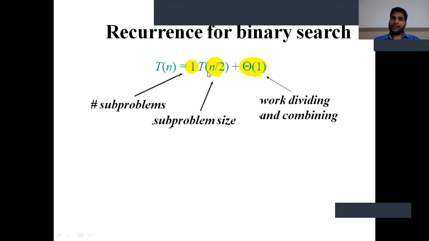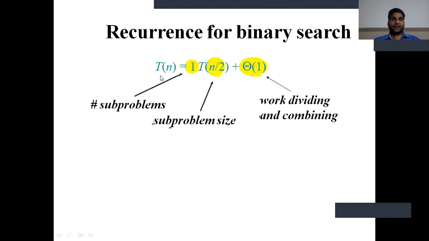Then we can write the recurrence equation of binary search: T(n) equals 1 T(n by 2) plus theta 1, where 1 is the number of subproblems, n by 2 is the subproblem size, and theta 1 denotes the dividing and combining work.